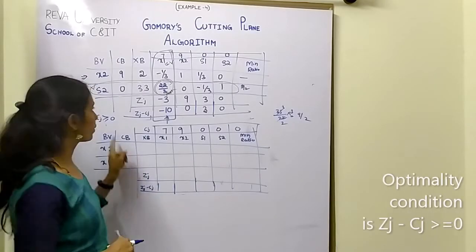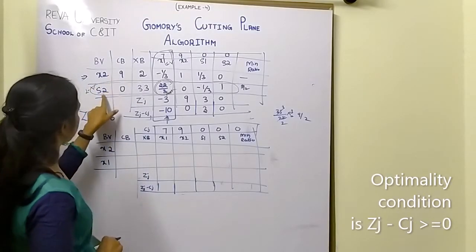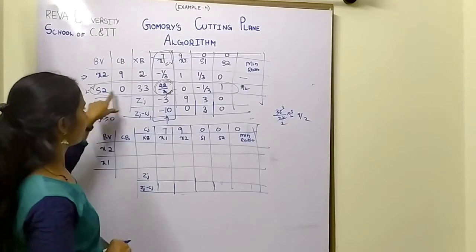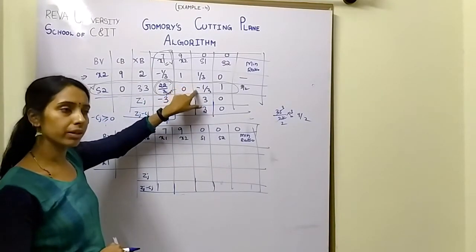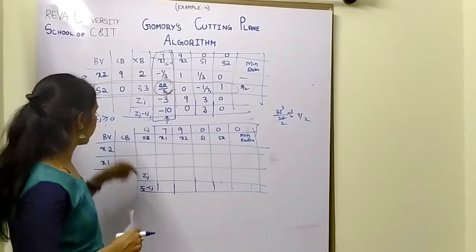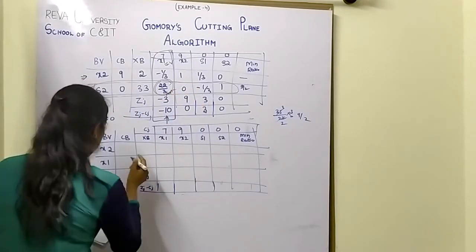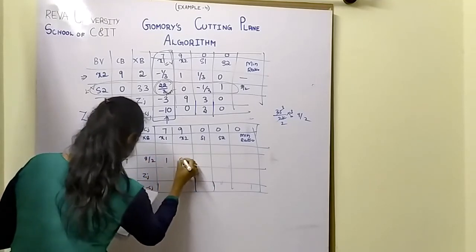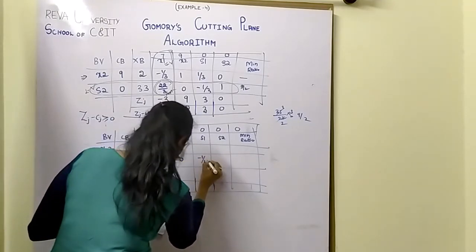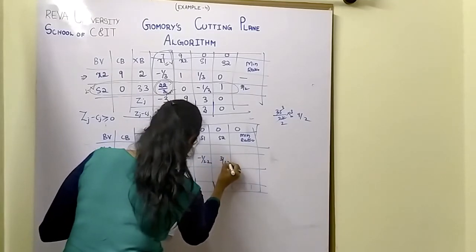So third iteration. Here this is our new row, and to find out the values for the new row, take the old value divided by the pivot value. So you will get here 7, 9 by 2, 1, 0, minus 1 by 22, 3 by 22.